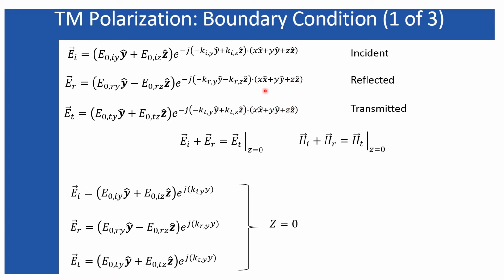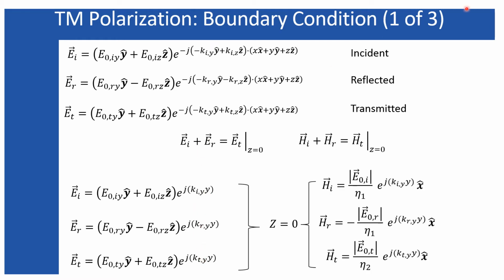So these equations will appear over here with only the y component, as I showed, and the corresponding magnetic field also will be written in this form. So only the y component holds, but the polarization terms will exist. Because z equals 0, I'm applying only at this position.